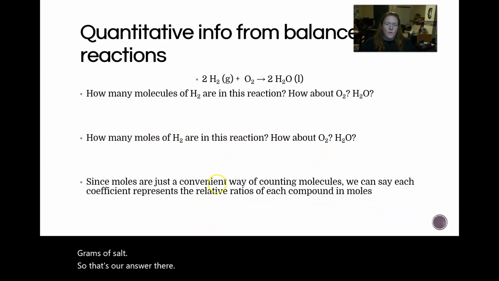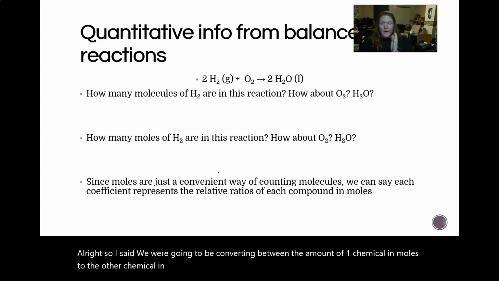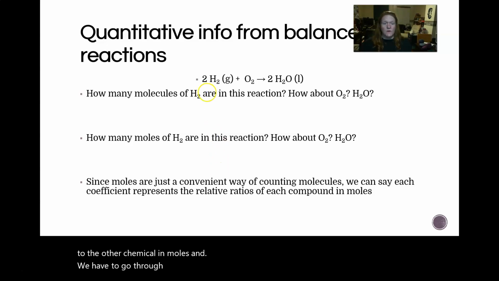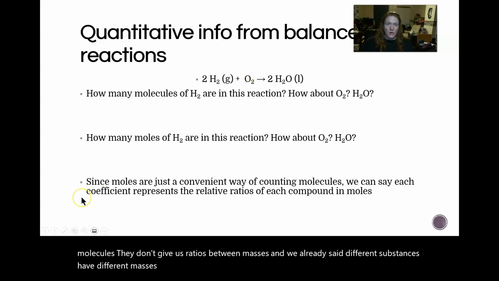All right, so I said we were going to be converting between the amount of one chemical in moles to the other chemical in moles, and we have to go through that process because our chemical reactions give us ratios between molecules. They don't give us ratios between masses. And we already said different substances have different masses for the same number of particles.